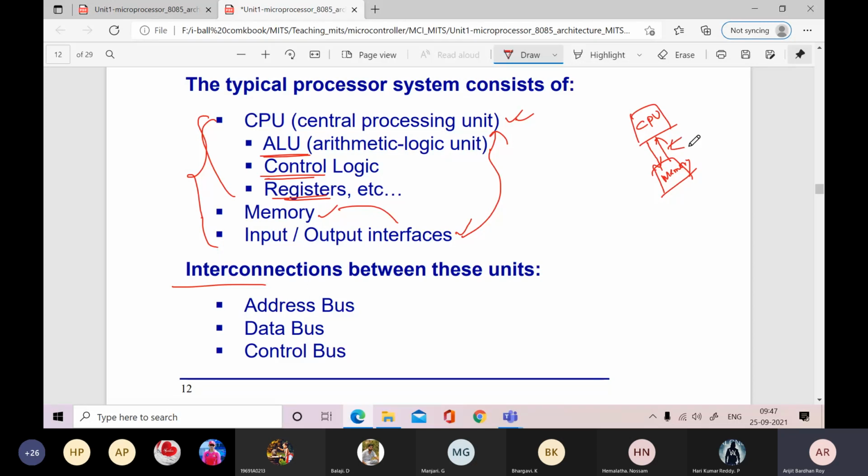So this type of channels, yesterday I also told you the same thing, is called address bus, data bus, and control bus.